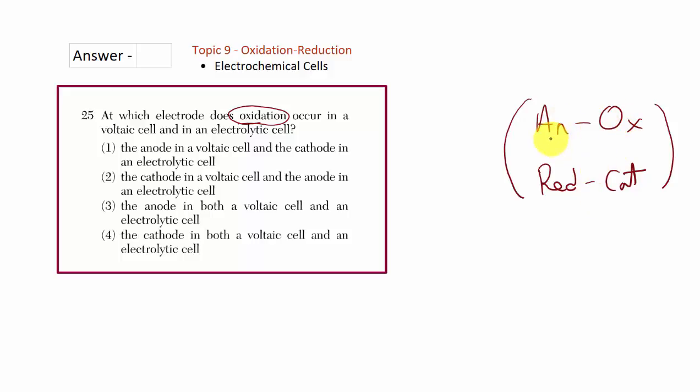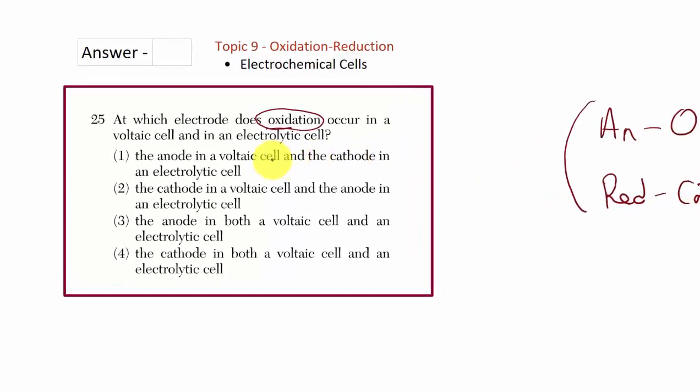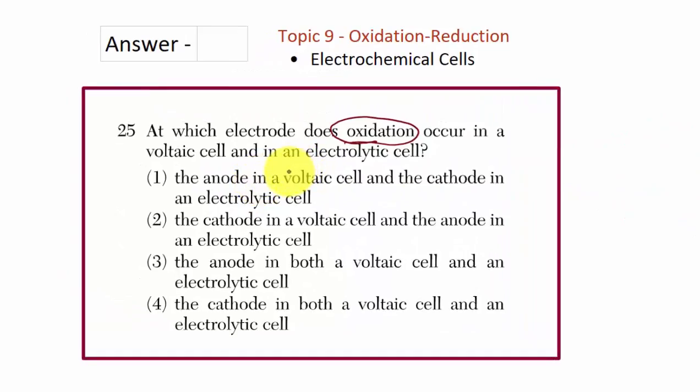Anyway, the AN stands for anode, OX oxidation, RED reduction, CAT cathode. So coming back to our potential answers, oxidation happens at the anode, so we get rid of the 2 cathode answers, and the second part to be considered is which cell does that occur in? The anode in the voltaic cell and the cathode in the electrolytic cell? No, it's going to be the anode in both the voltaic cell and the electrolytic cell. Answer number 3.